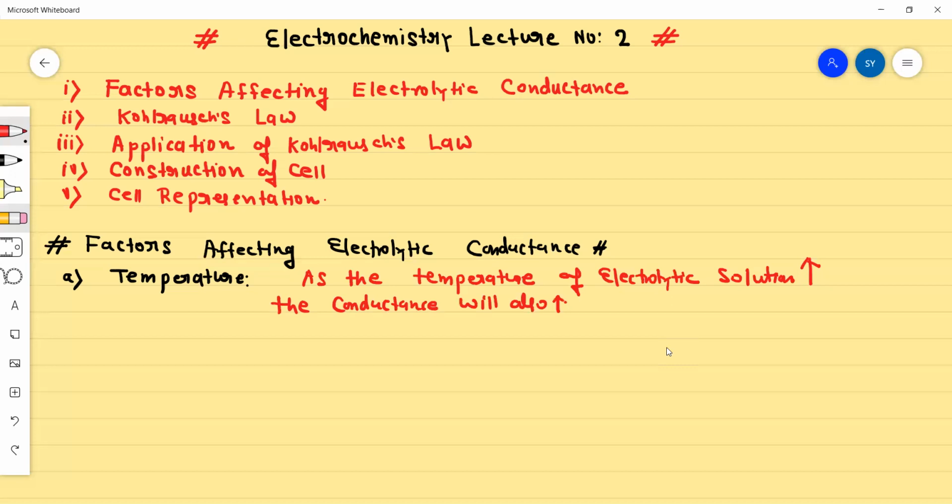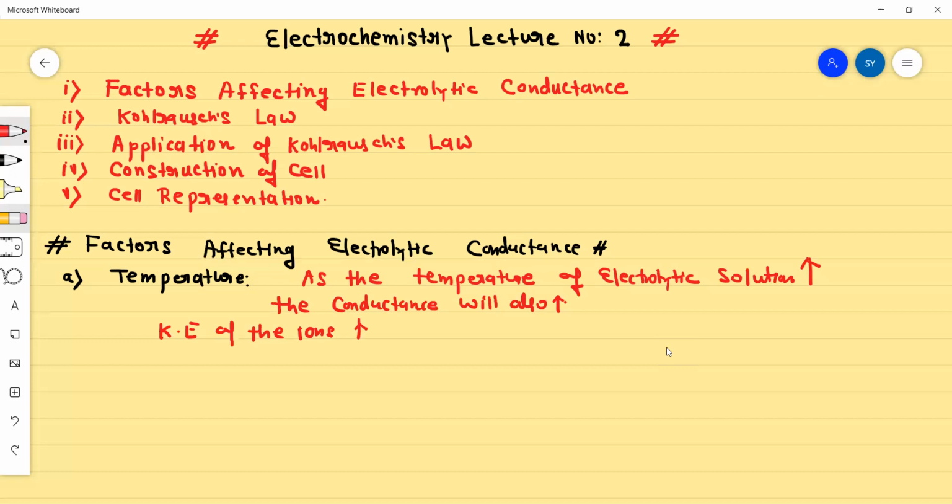Why is it going to happen? Because the kinetic energy of the ions increases, and whatever attraction is present between the ions gets decreased, because the kinetic energy is increasing, so they start moving randomly. So temperature plays a very important role in increasing the conductance of ions.